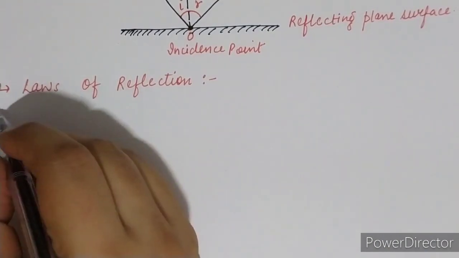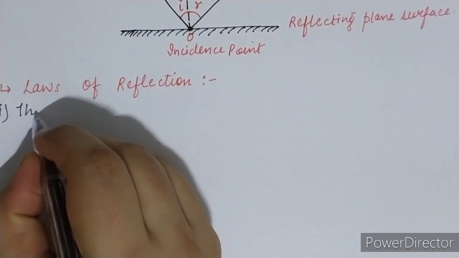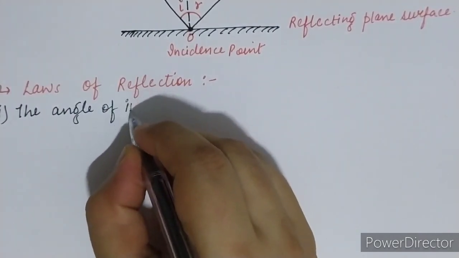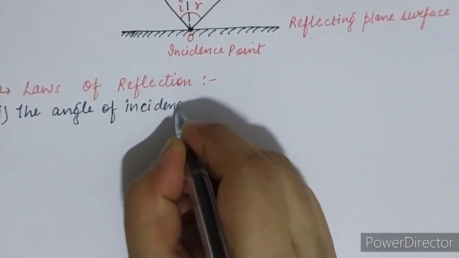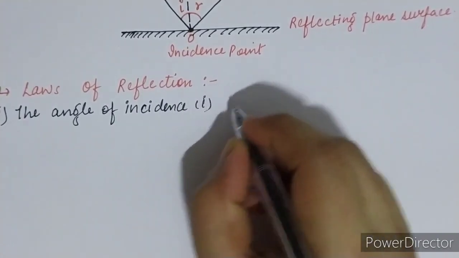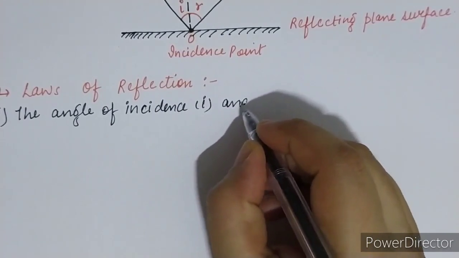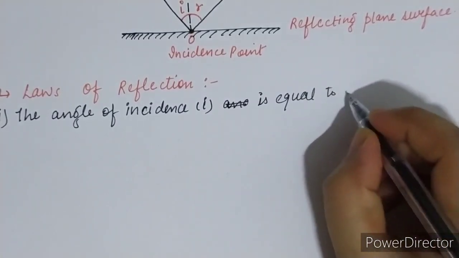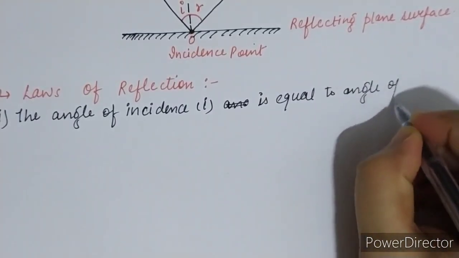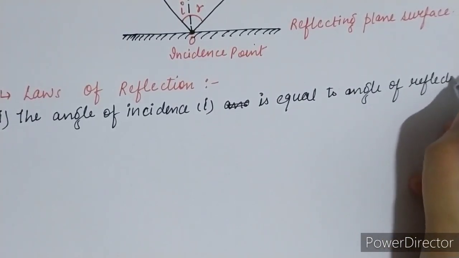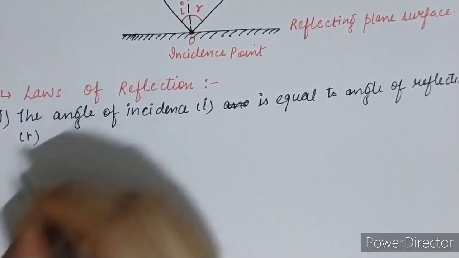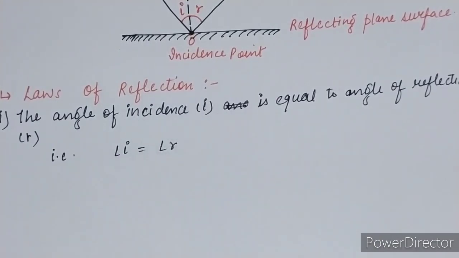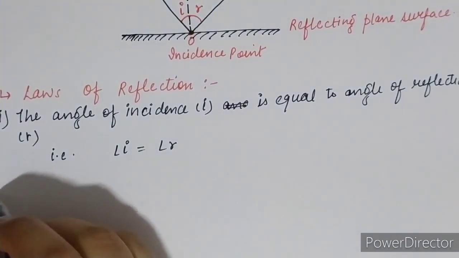The first one: the angle of incidence, that is angle I, is equal to the angle of reflection, that is angle R. So we can say angle I is equal to angle R.